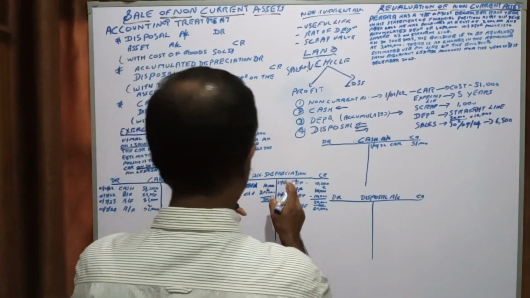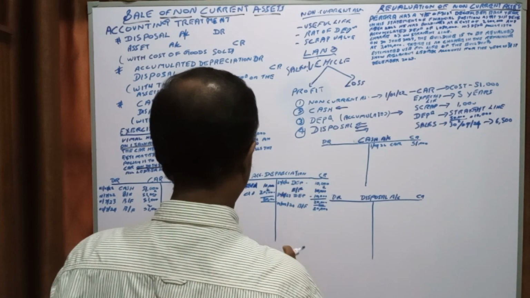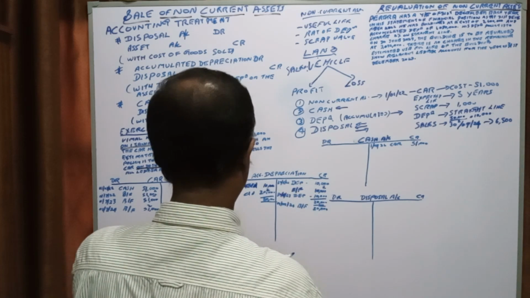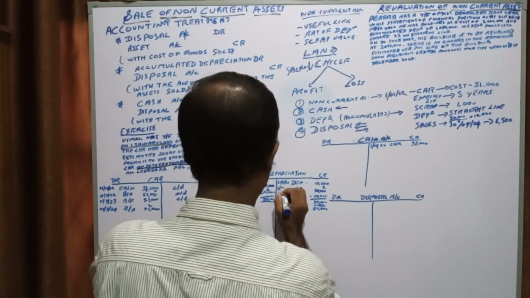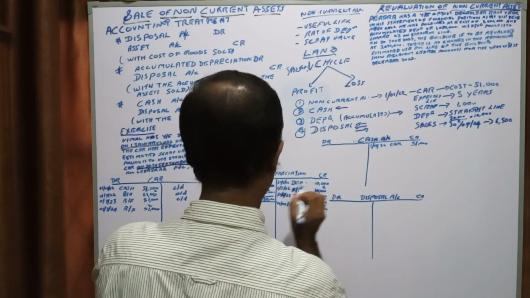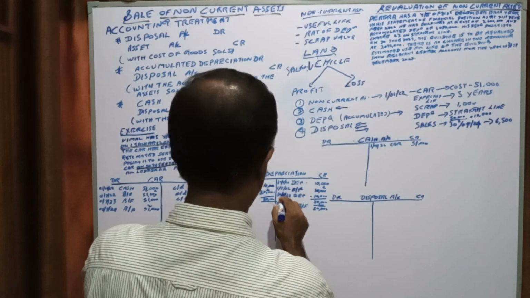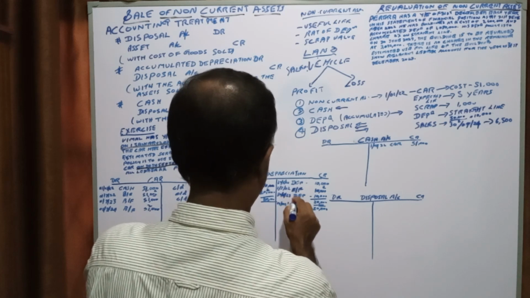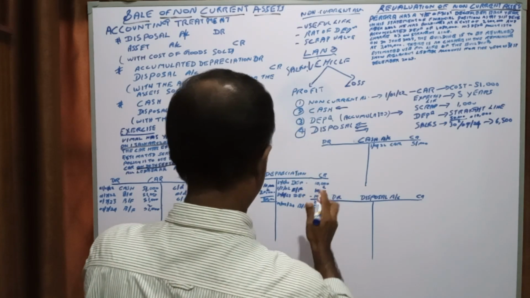For 2022, the depreciation is 10,000. On 1st July 2022, brought forward is 10,000. For 30th June 2023, depreciation is 10,000.